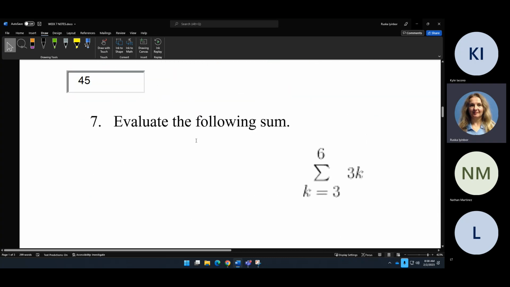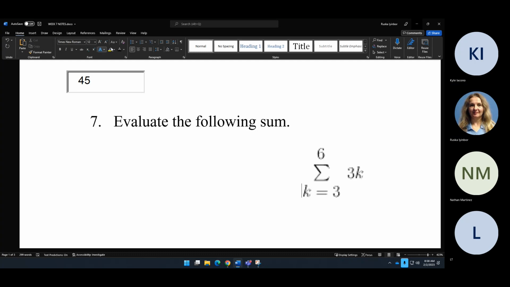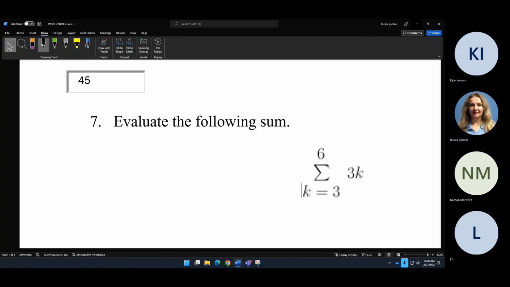Now let's go ahead and do number 7. Number 7 is the same way, just instead of n here, you have k, which you're doing pretty much the same. So let's plug this in. x is from 3 to 6. So pretty much you're doing the same.